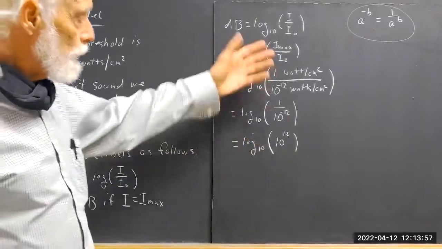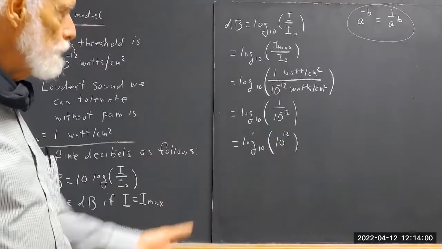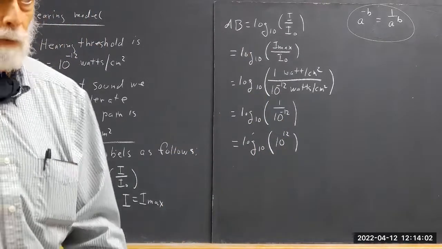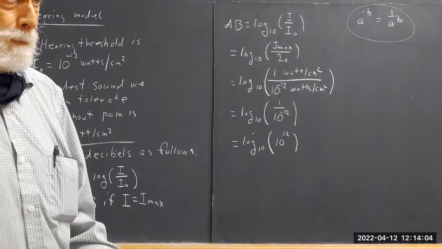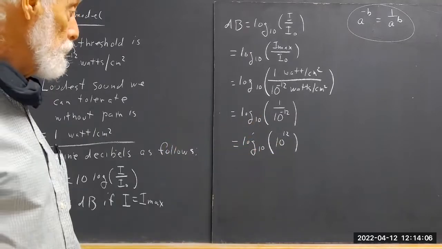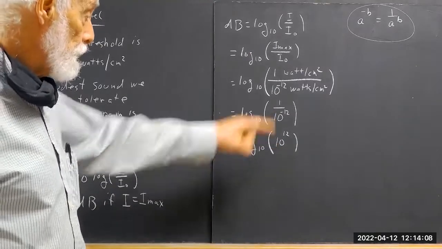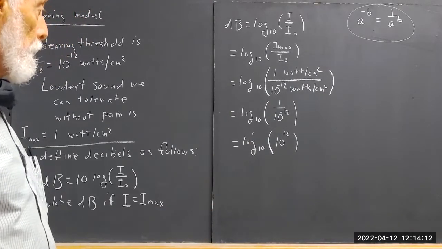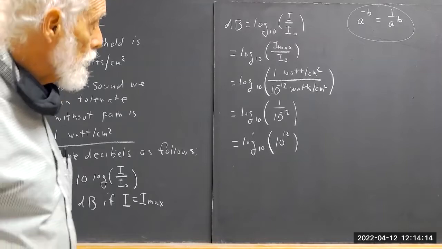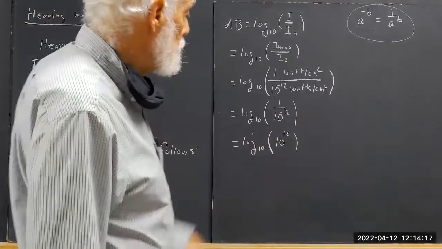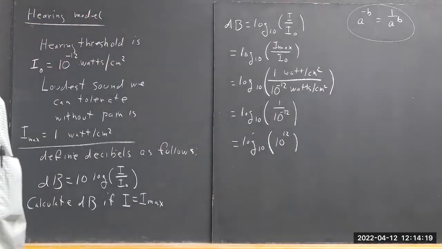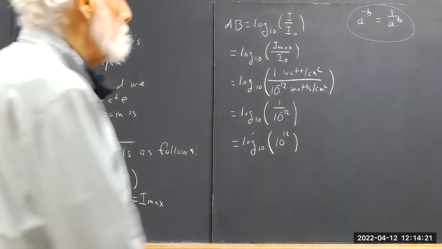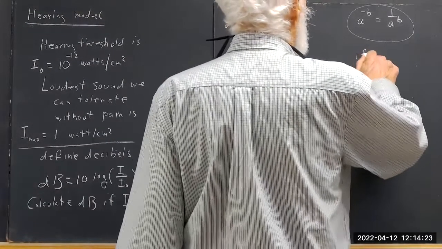It's something you ideally would have done a lot more of with exponents in your prerequisite courses. I'm not going to belabor this, but it's a simple application of this rule with b equal to negative 12. I'll write it on here.